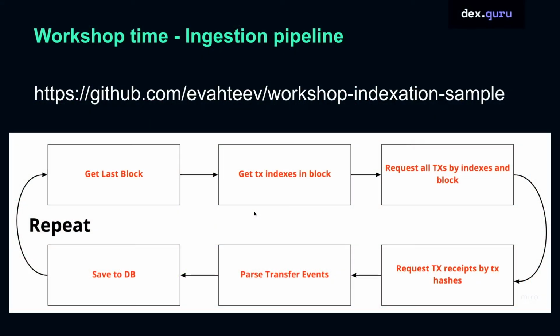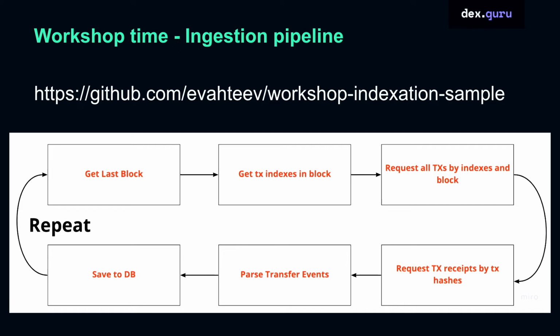This is the cycle we do for every block. To actually get all the transactions and all the transfers, as you see them in Etherscan, let's say, for some transaction from the block, those are all the operations you need to do against an EVM node.